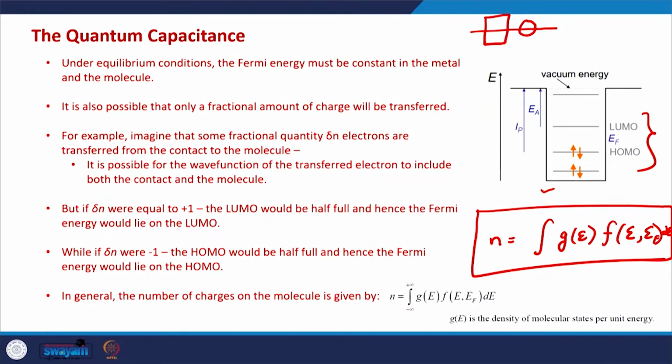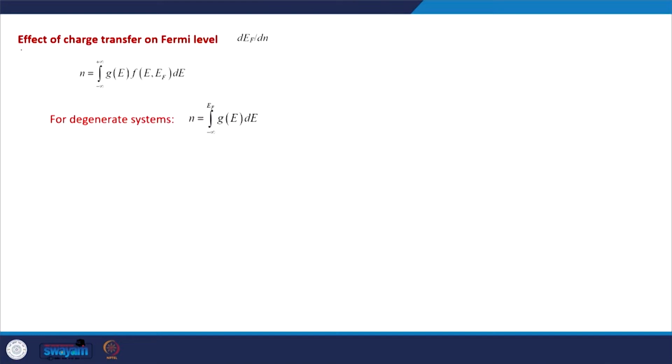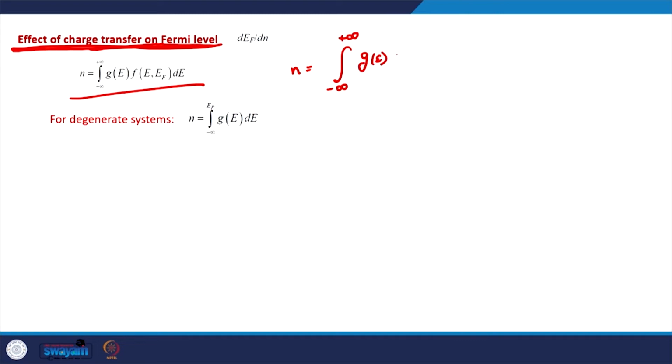So with this relationship, what we are essentially trying to do is understand the effect of charge transfer on the Fermi level, or how much the Fermi level is changed when there is an addition of an electron in the system. So with this relationship, what we can say is n is the integral from minus infinity to plus infinity of the density of states times the Fermi function, dE.